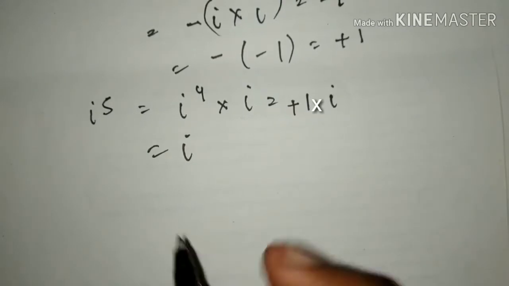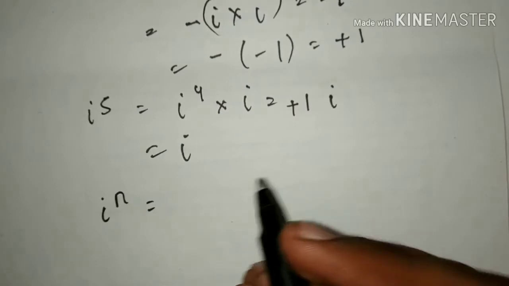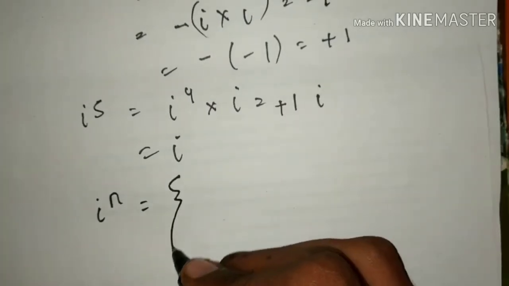Now again, suppose we have i to the power n, then it has three values.